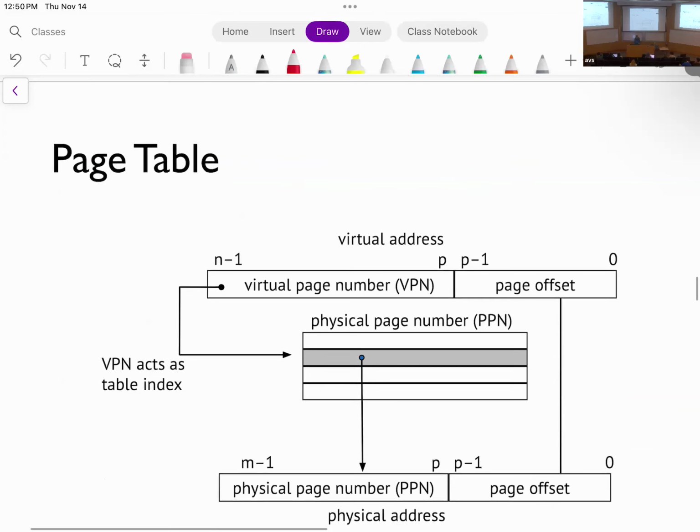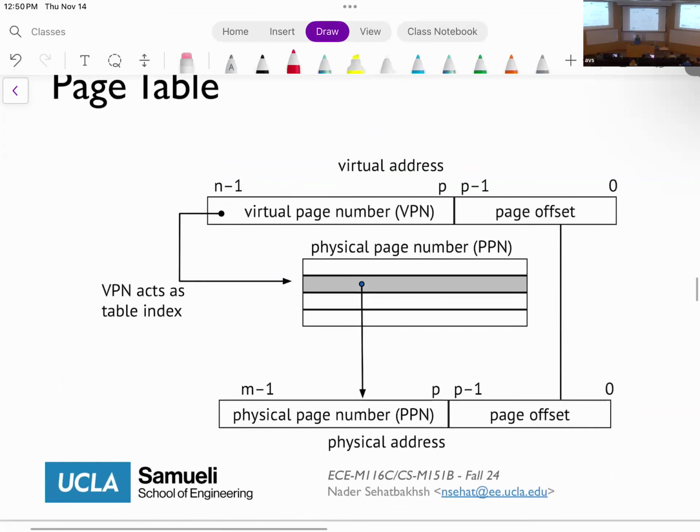Okay? So your page table is going to look something like this. Essentially, think about this as a table with indices. This number, this VPN, is going to be the index to this table. And then based on that, we're going to store the actual value, the PPN value, here.